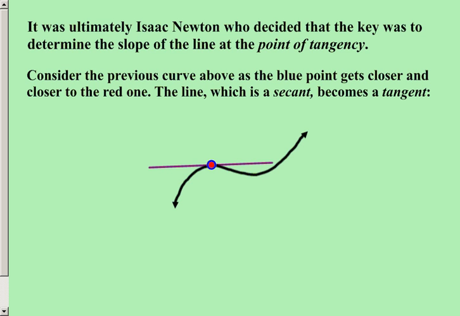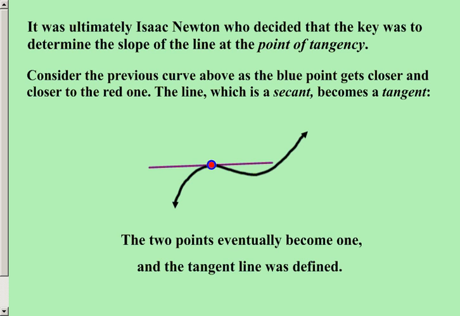And once the points coincide, they essentially become one point. That is the definition of a tangent line, and instead of thinking of it as a line, you consider it more as a line segment, because it's only really relevant what's happening right around the point of tangency. If we disregard the rest of the line, then we're able to move forward.